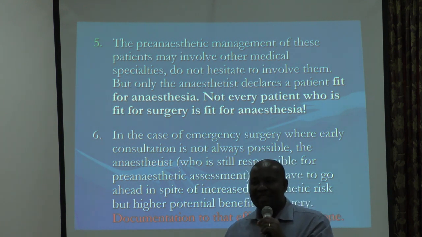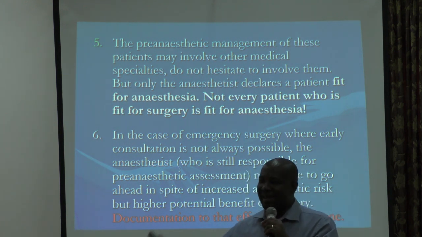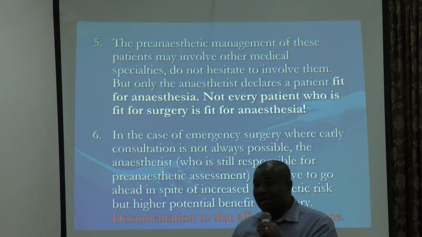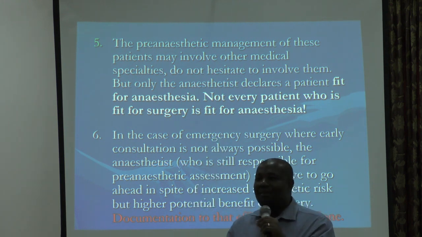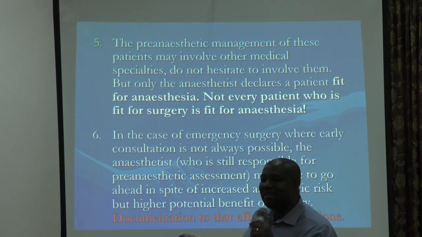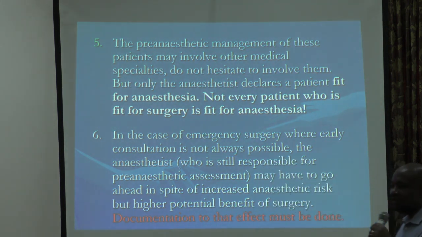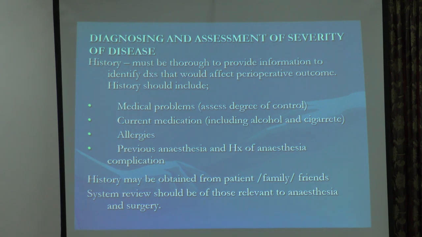If you have not documented why you had to go ahead, everybody is asking you, didn't you see the sugar? Didn't you know that this is a man who has a heart as bad as this? But they forget that the person has bled 4 liters. So if you have to do a balancing of risk and benefit, always remember to document it very clearly.